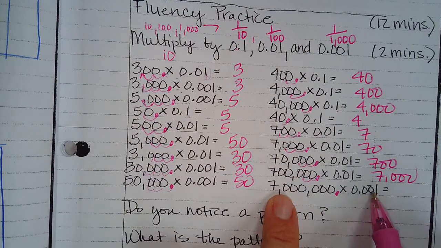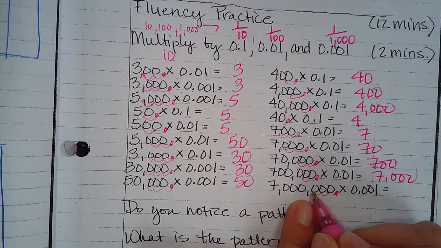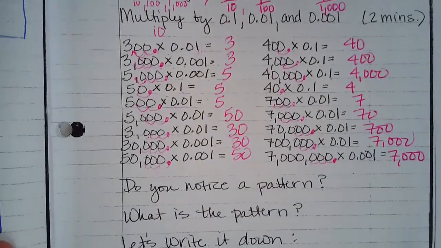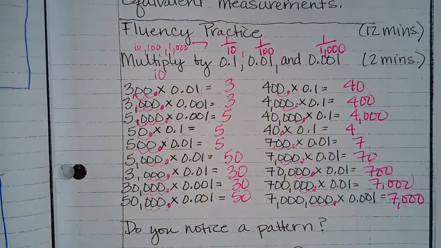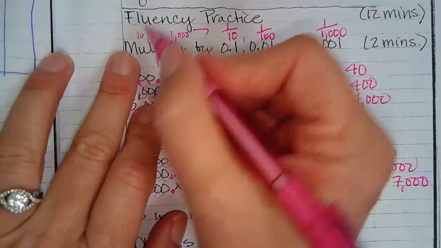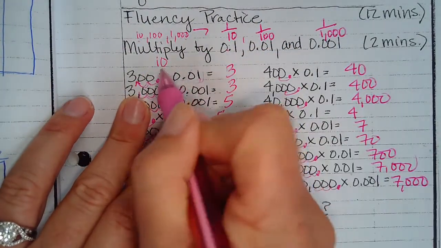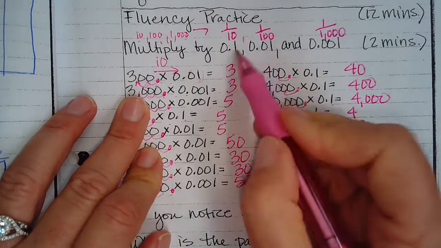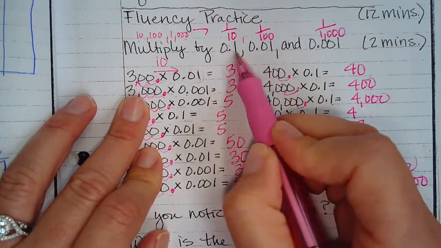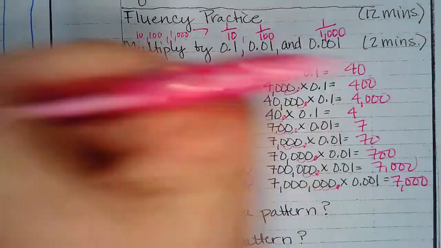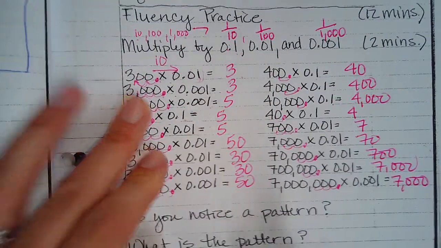And finally, 1, 2, 3. 1, 2, 3, 7,000. Yes? You guys got it now? Okay. But if it was 10, 100, and 1,000, your decimal would be moving in this direction. But because this is a decimal, and decimal is a fraction, and a fraction is really division, it's going the other way. Okay? All right.